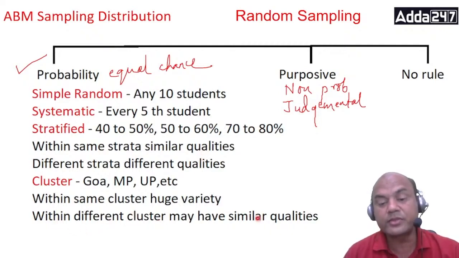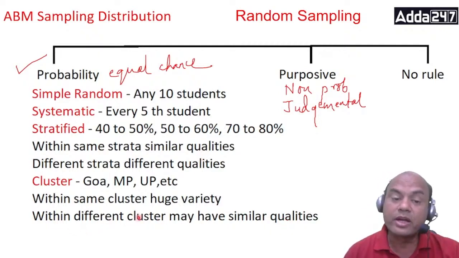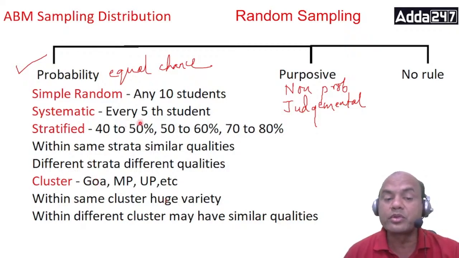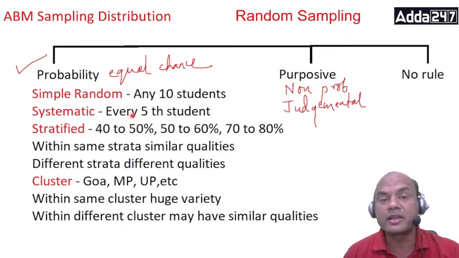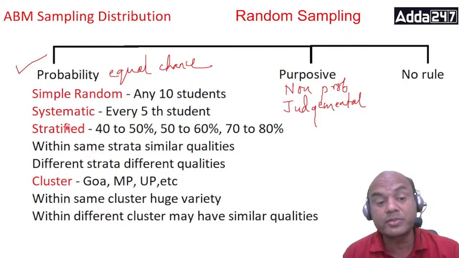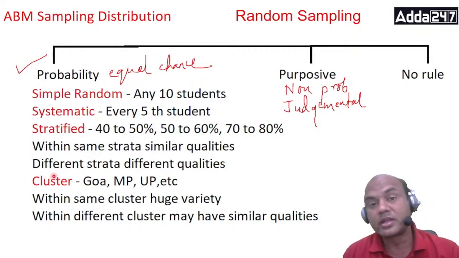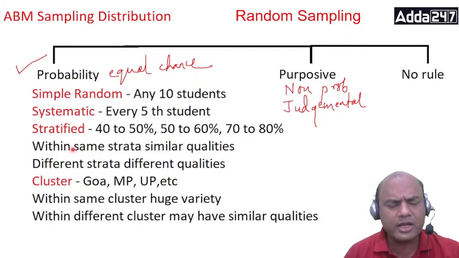Different clusters may have similar qualities. Means what? Goa will also have some student who is 40 to 50 and MP will also have some students who is 40 to 50. UP will also have that, right? So within different clusters, we may have the students of similar categories. That's the difference between stratified and cluster. This question comes every time in the exam.